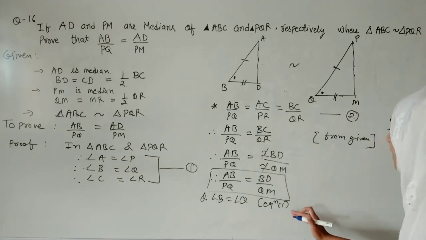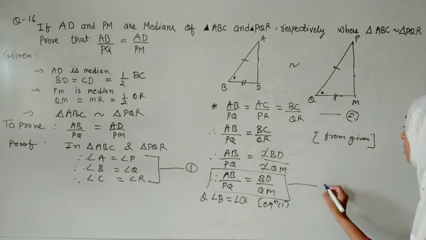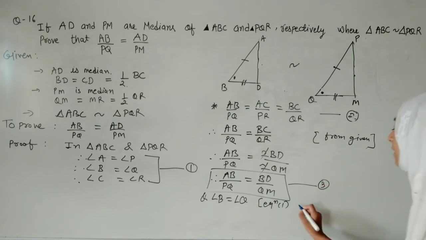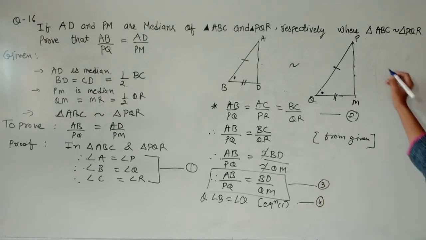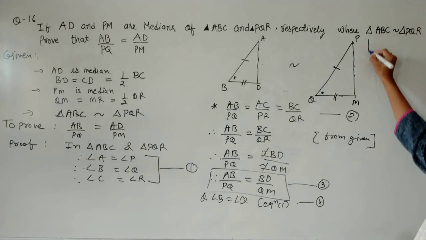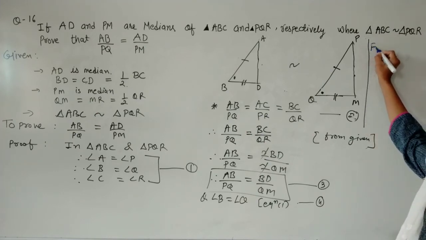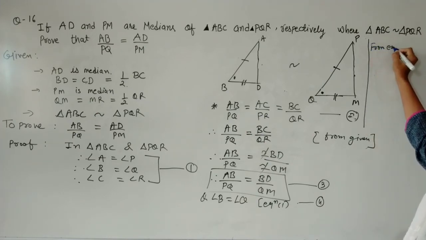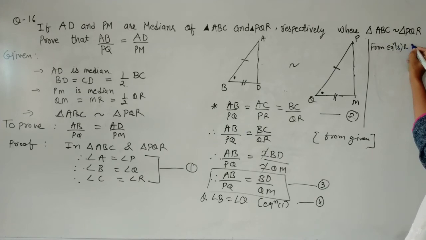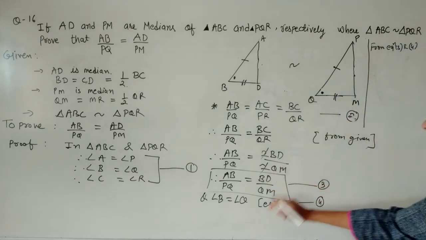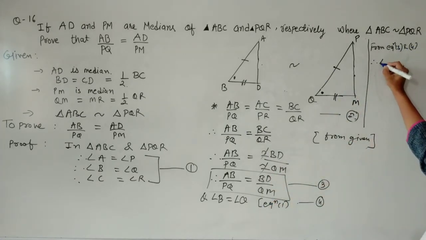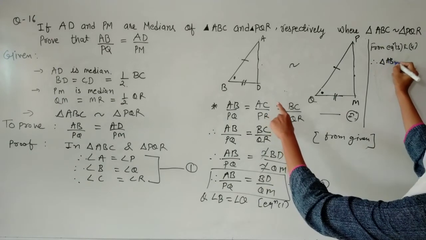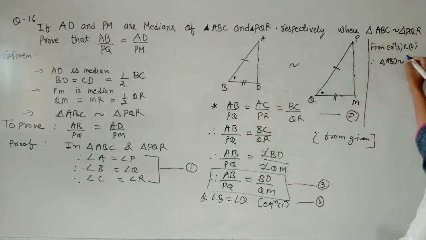So by using this, let us give a few numbers. Let us give them as 3 and 4. So from equations 3 and 4, what can we write? We will directly write triangle ABD is similar to triangle PQM.